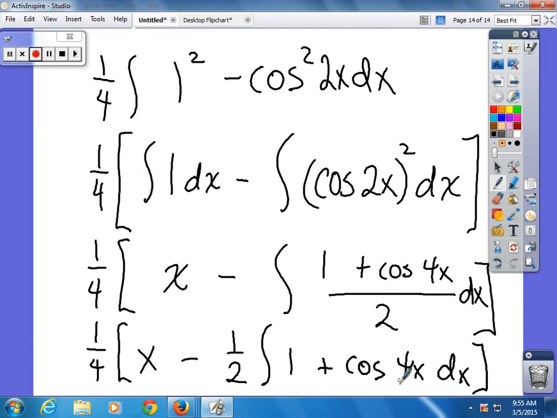and then the antiderivative of the cosine is the what? Sine? Yes, no, maybe.